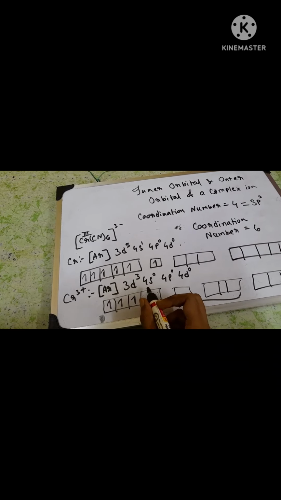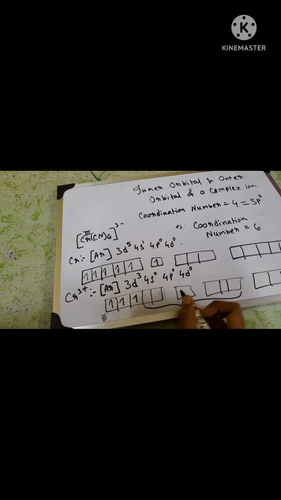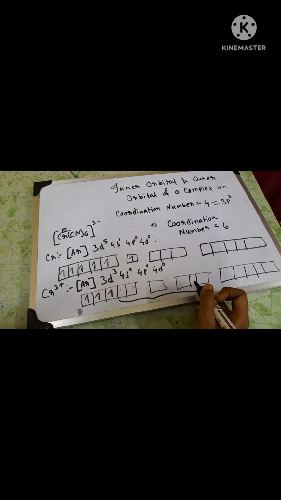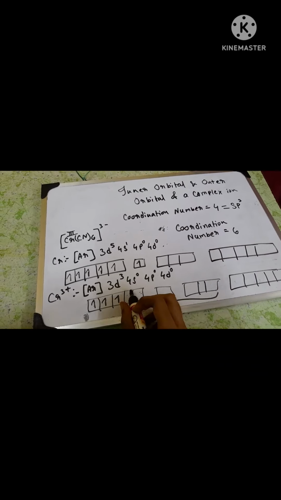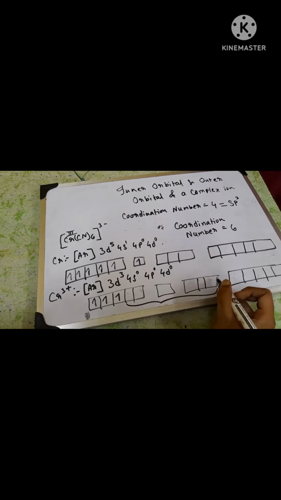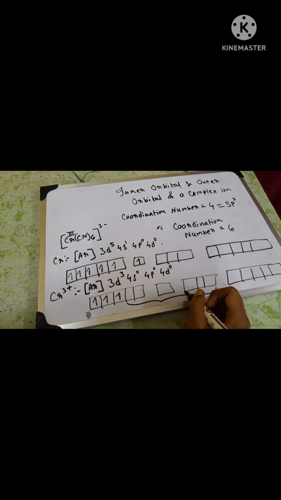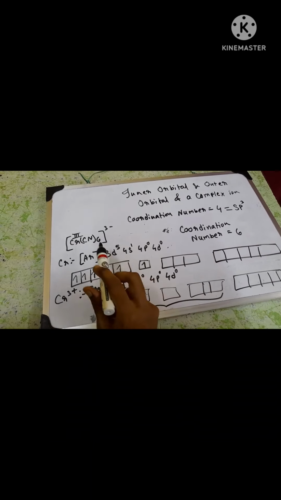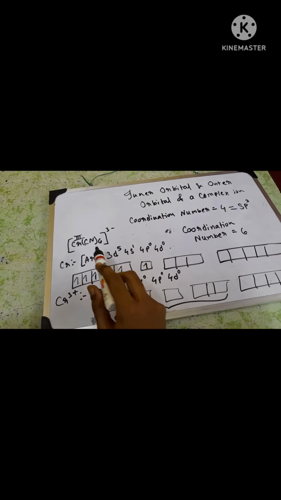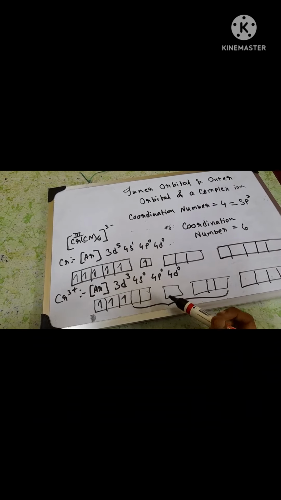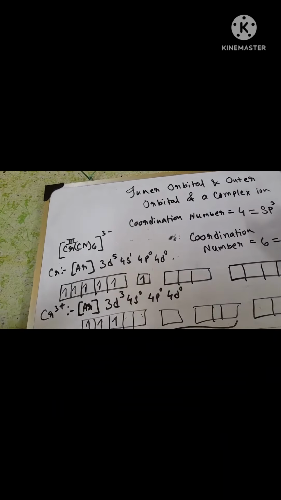Here the d2 means 2 orbitals from 3d, 1 from 4s and 3 from 4p. These 6 vacant orbitals take part in hybridization, where these ligands, that is cyanide, can form coordinate bonds with them. So it is d2sp3.